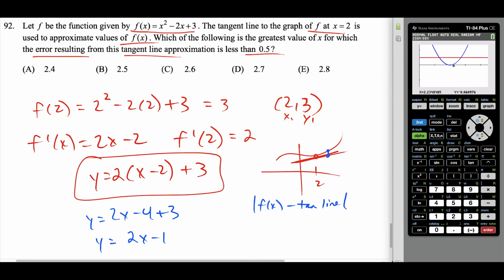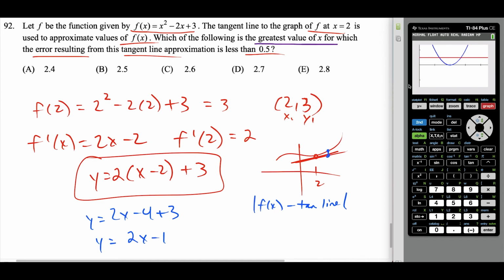So the question is asking us, what is the greatest value of x? Notice, once again, my error is less than 0.5 when I am under this line. Remember, in y1 here, I wrote the absolute value of f of x minus the tangent line, which represents the error. So when I'm under that red line, my error is less than 0.5, but I want the greatest value of x for when my error is less than 0.5.